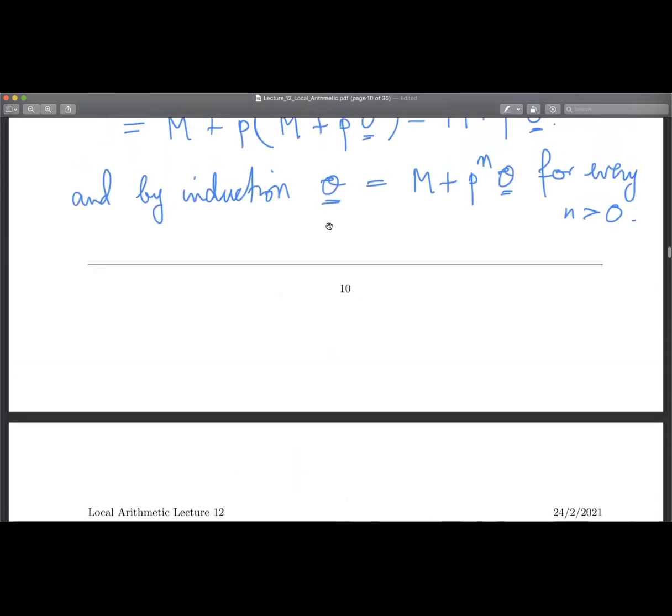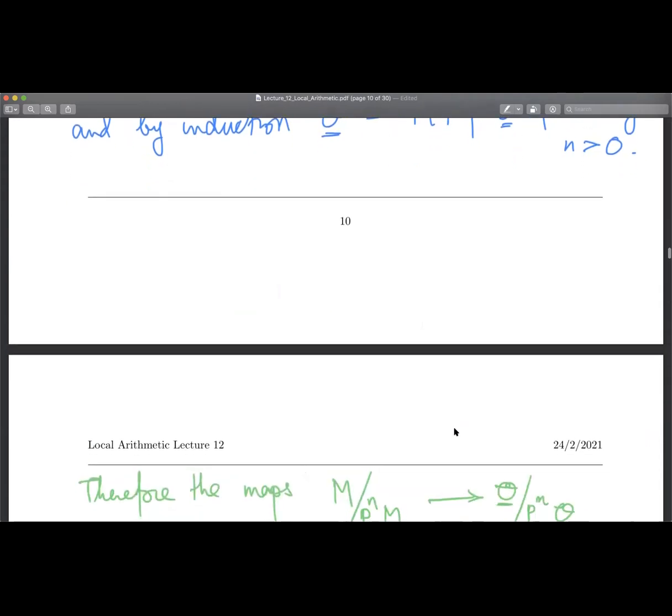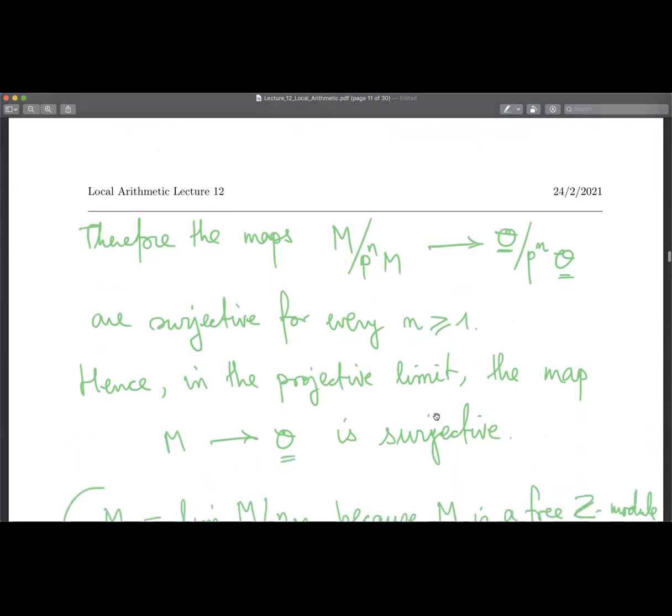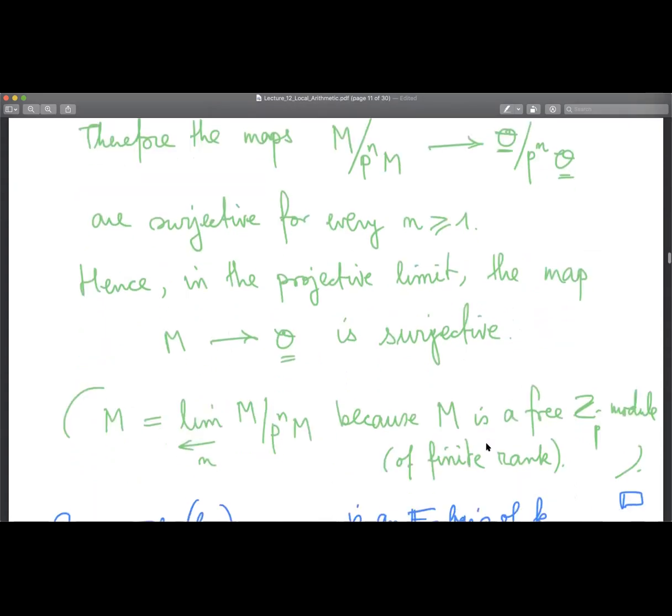So O equals M plus p^n O means that the map from M modulo p^n M to O modulo p^n O is surjective for every n. So in the projective limit, the map from M to O, which is just the inclusion of M in O, is surjective. And that's what was to be proved.